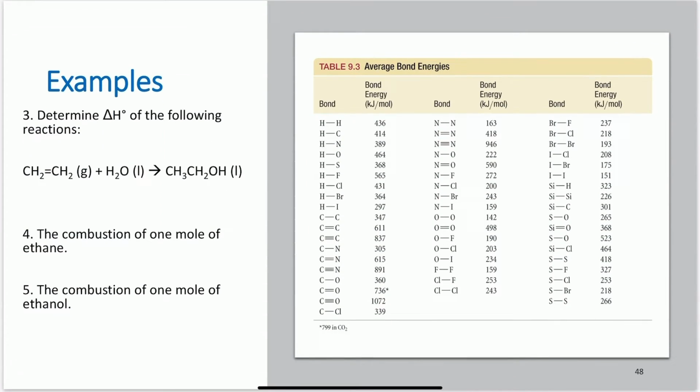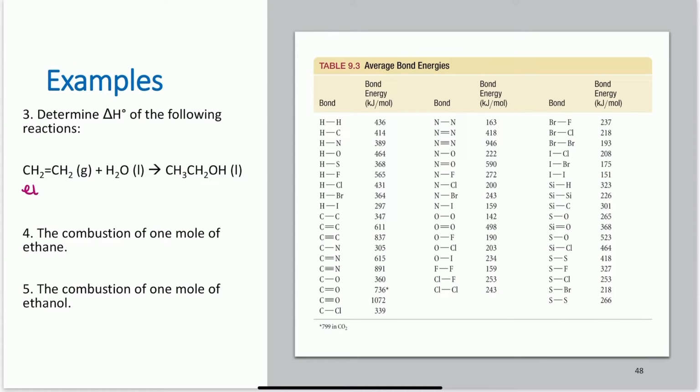Determine delta H of the following reactions. So the first one, CH2CH2, this is ethene. We have a double bond in there and 2 carbons. Reacts with water to form ethanol.